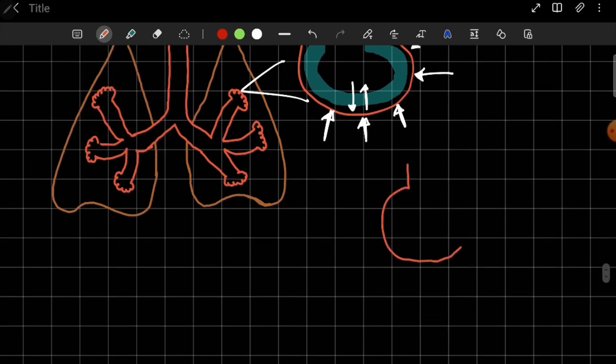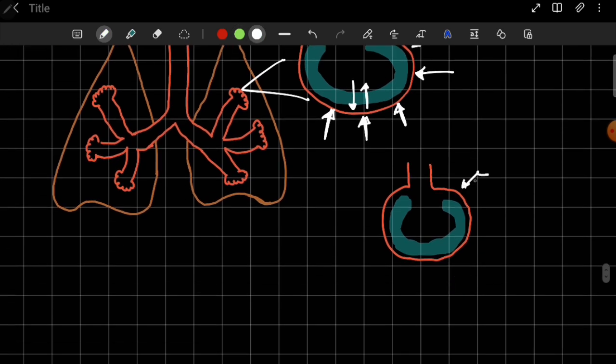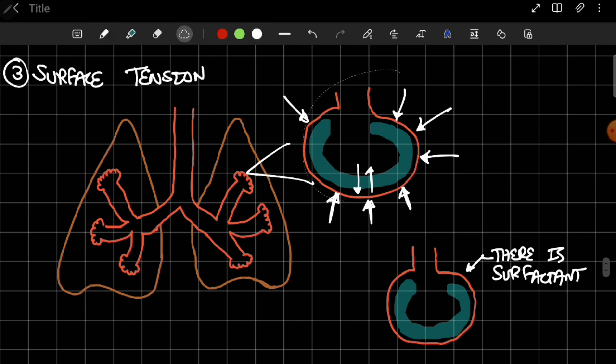Here it is the same alveoli, the same fluid layer, but now there is the presence of surfactant. In the above case, if this pressure is more, the surface tension is more, because of the fluid layer and the air medium, in the absence of surfactant.